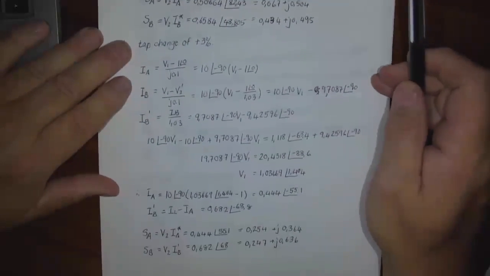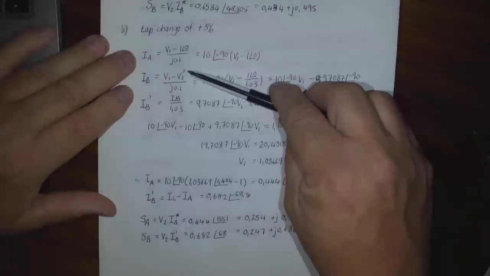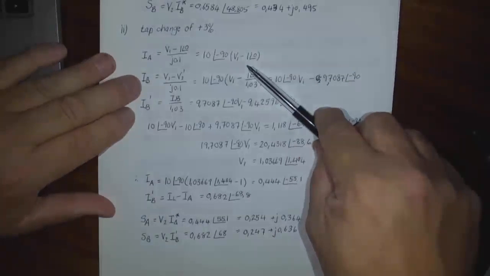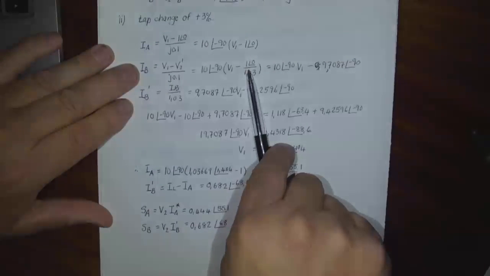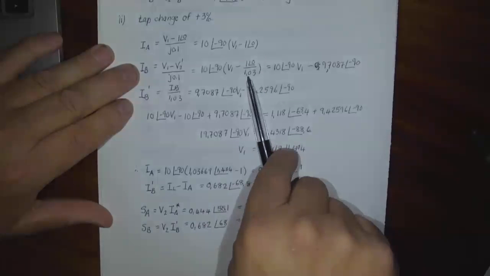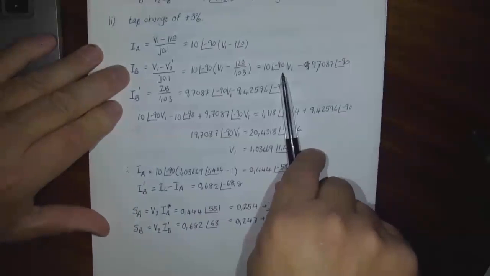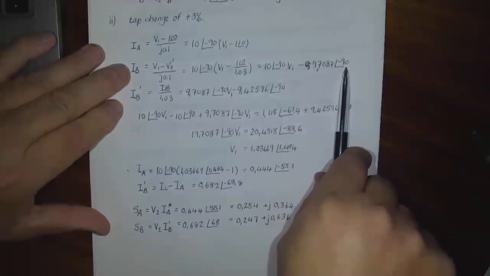All right, so if we have a tap change of plus 3, then again we have V1, IA is 10 angle minus 90, V1 minus 1 angle 0. IB is 10 angle minus 90 V1 over 1 angle 0 divided by 0.13. That gives us 10 angle minus 90 V1 minus 9.7087 angle minus 90.